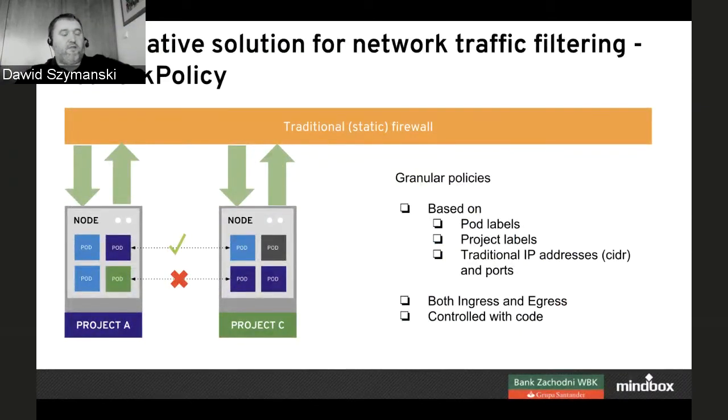Thanks to the full filtering, we are able to fulfill the requirements of our security. So this is something that was not on one of the first slides, but now it can be done.